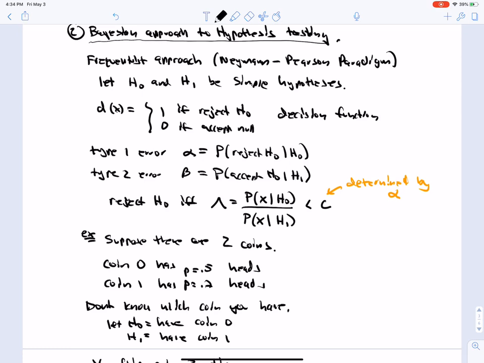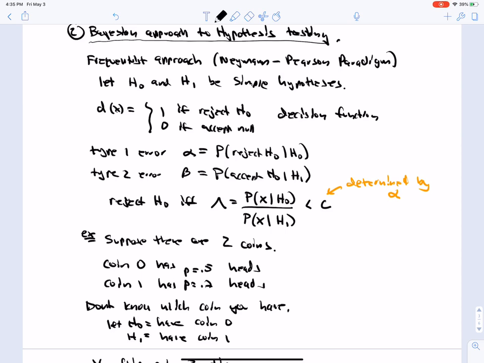And so this ratio of likelihoods is the probability of x given the null over the probability of x given the alternative. And so you would want to reject the null if this ratio is small, because if the probability that you have x given the null is small, then you probably don't have the null.